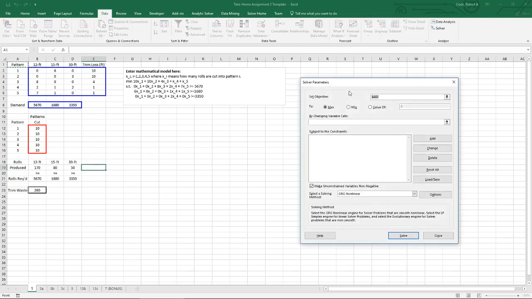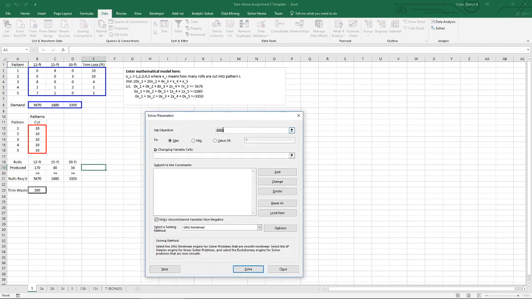So let's go to Solver, and we are going to need to choose our objective. So what's our objective? Well, we are trying to minimize trim waste. So this is set to maximum. I better make it minimum. Minimize trim waste. We change our variable cells, which are always our decision variables. So on my templates, those are the ones that are in red, which will help you on your final exam, by the way. So we change our red bordered decision variables, and we have to enforce our constraint.